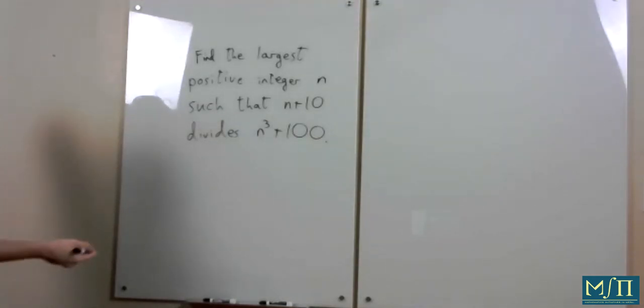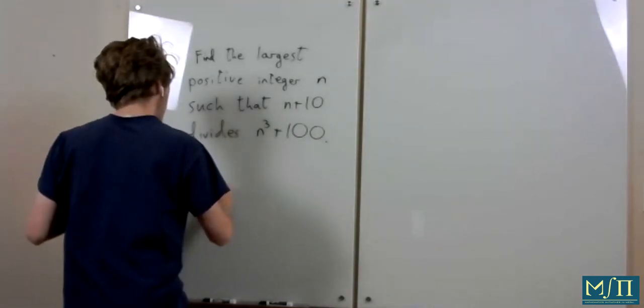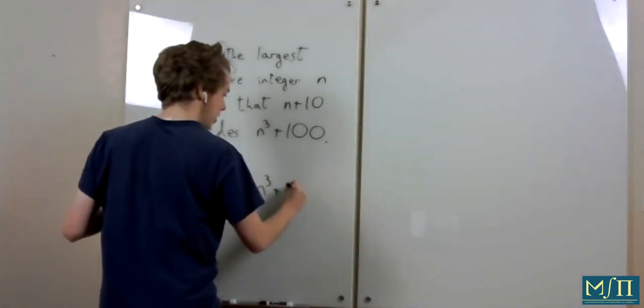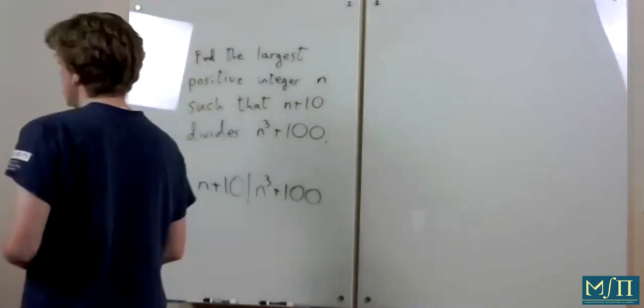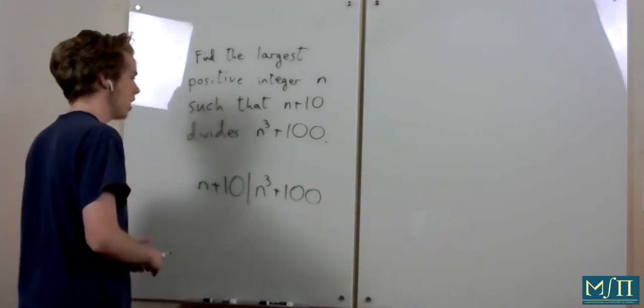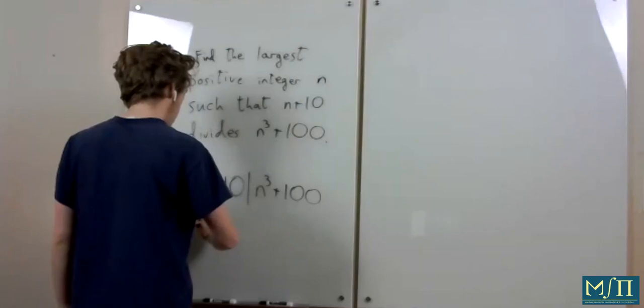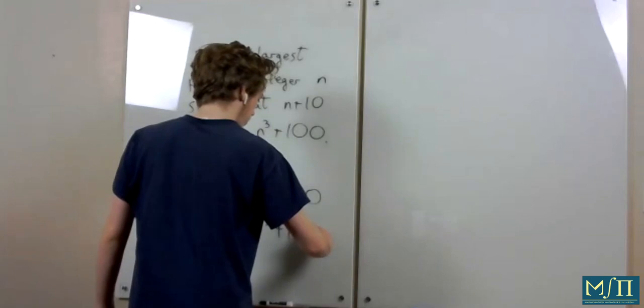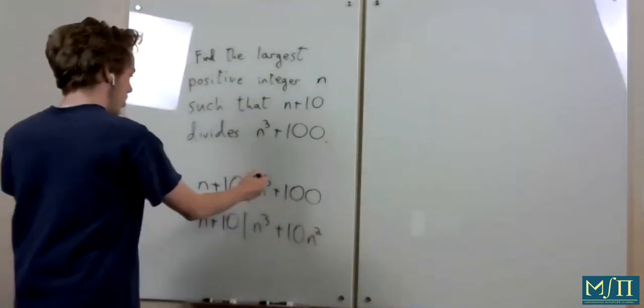So yeah, basically this is another idea about the Euclidean algorithm. If we take this n plus 10 divided into this n cubed plus 100, you can repeatedly get rid of the high degrees and replace them with low degrees. So n plus 10 divides this, n plus 10 divides this, and so it divides this minus that.